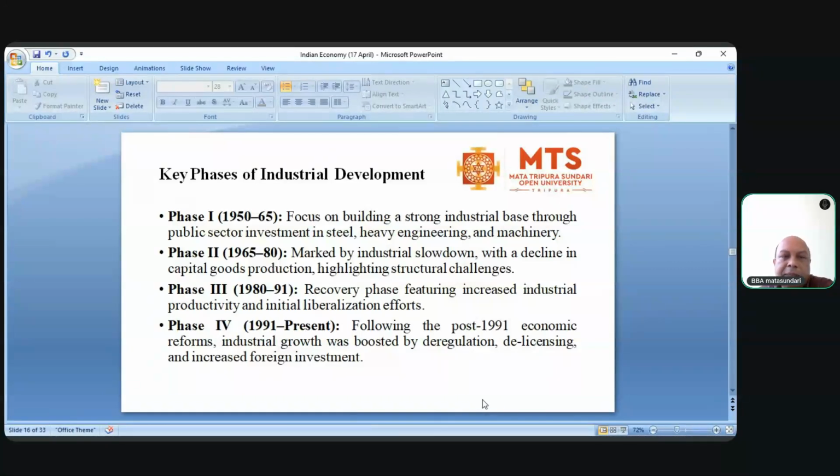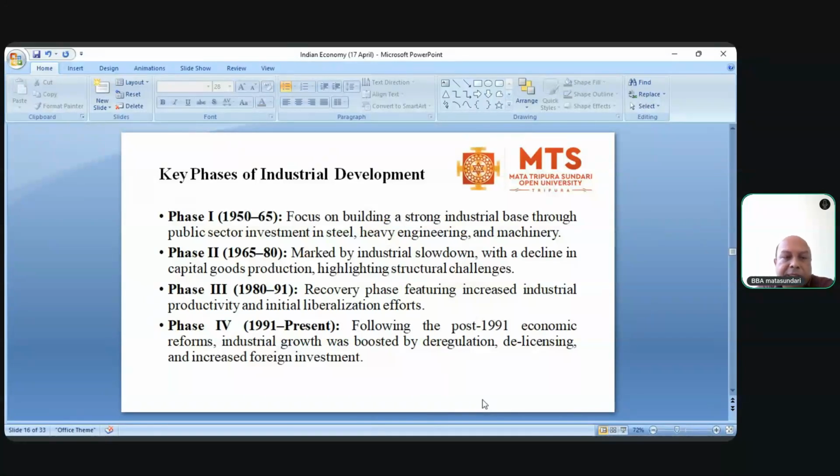In 1950, the Indian government introduced the Planning Commission, and in the first, second, and third five-year plans, the Indian government specially focused on development of the agriculture and industrial sectors. The Indian government set up various steel and iron plants and chemical plants under government control for expansion of the industrial sector. Phase two, during 1965 to 80, during this period industrial growth was very low.